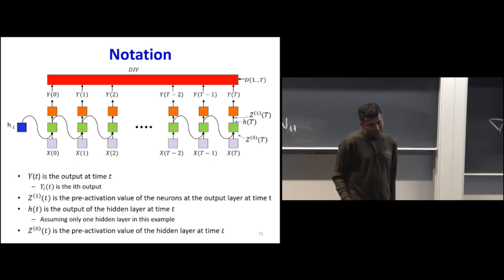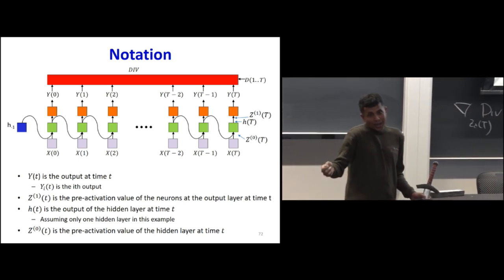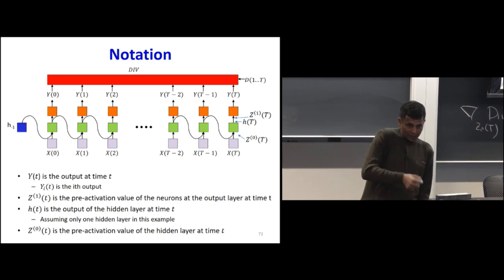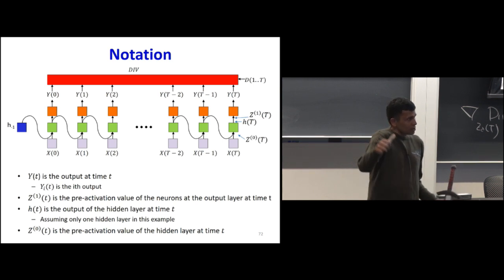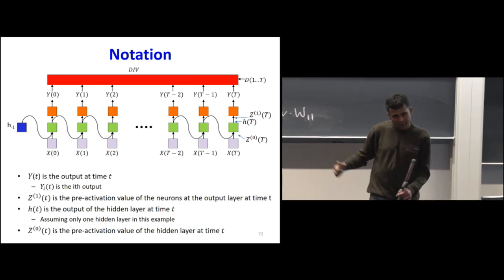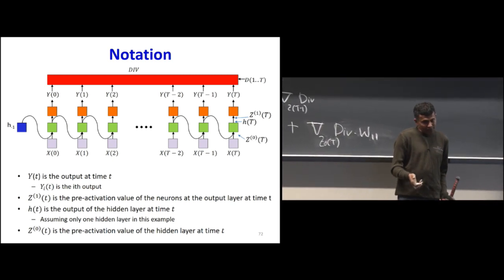Because I have two things going out, so there's a derivative coming down each link. The way to think about derivatives is if I perturb this one little term, how many different ways is it going to affect the output? It's going to affect it through both connections. Make sense?